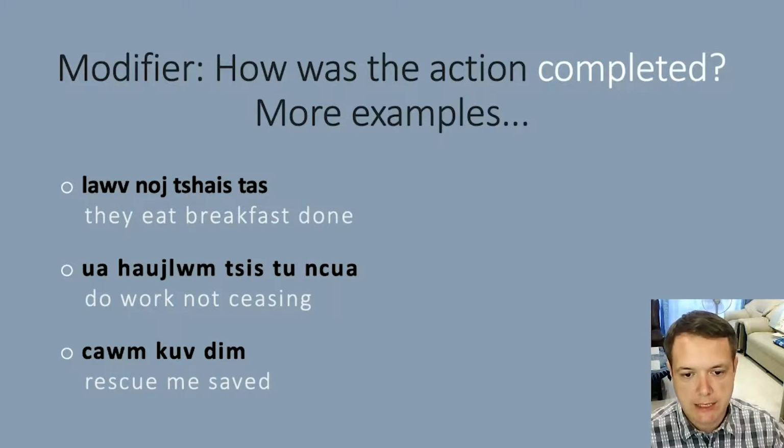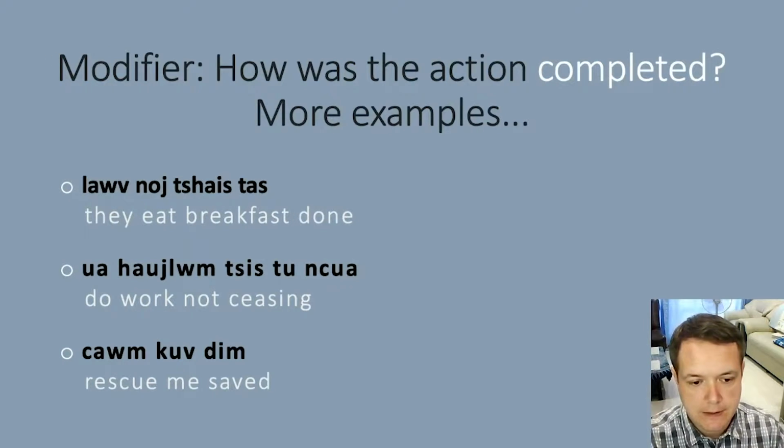Okay, so here's a few more examples. Lo no chai ta. They eat breakfast done, as in they finished their breakfast or they ate all the breakfast. Or hao lu ji dun jua. So we have our action to do, or we're doing the action to work, hao lu. So we're doing work, but how are we doing the action?